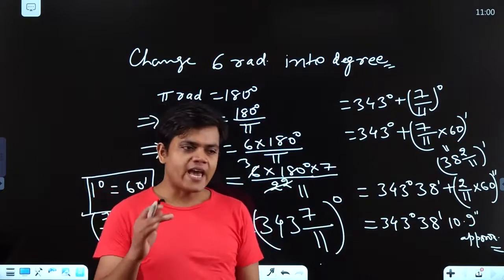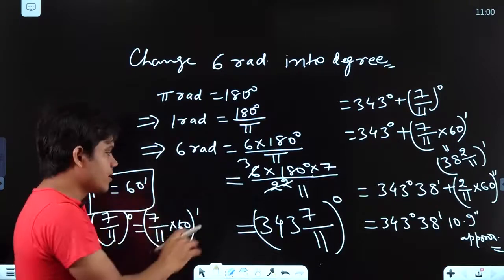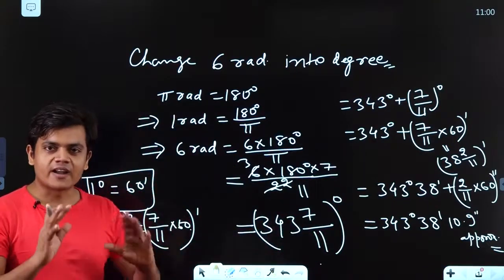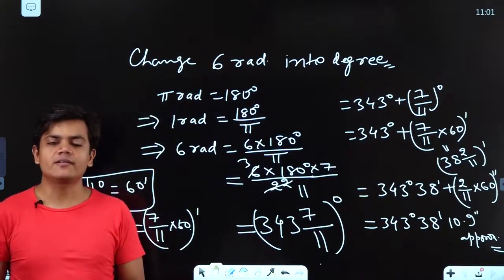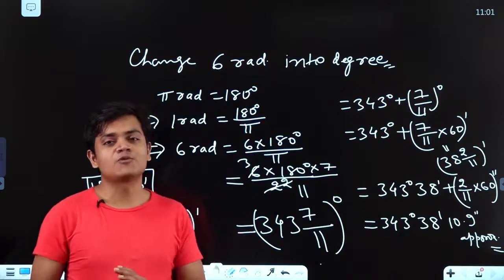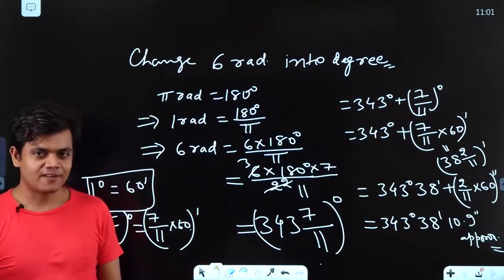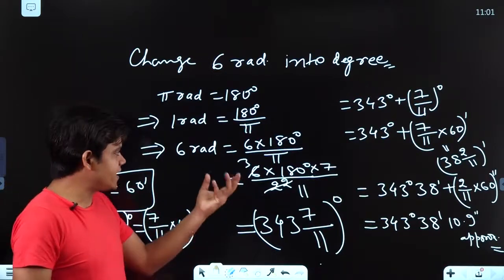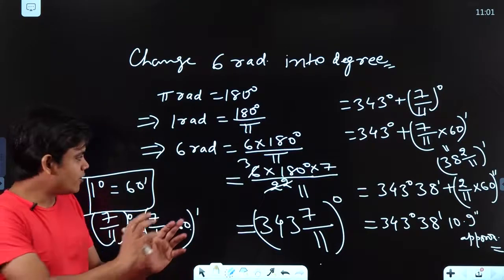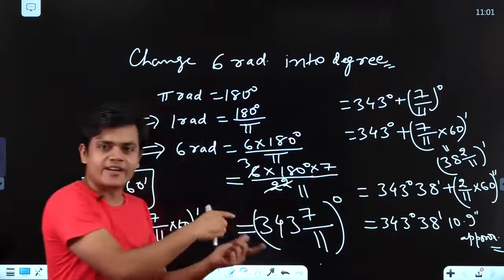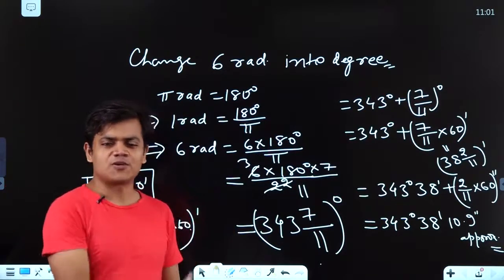All right, so we have changed some radian measure into degrees, but now we are interested in the reverse way. Means if we are given the degree measure, then we have to change it into radian form, and certainly that is easier. You just have to multiply and divide, and remember that 1 degree is equal to 60 minutes, 1 minute is equal to 60 seconds.